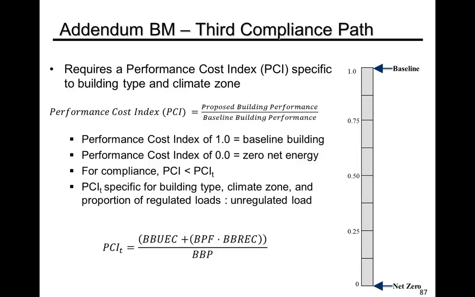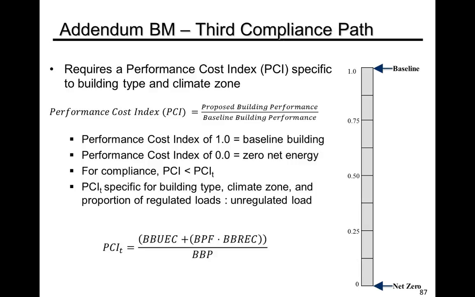So that means that a Performance Cost Index of 1 is equivalent to the baseline building performance, and a Performance Cost Index of 0 equals a zero net energy building. In order to show compliance, the Performance Cost Index has to be less than a Performance Cost Index target. And that target is developed specific for building type, climate zone, and the proportion of regulated to unregulated loads in your building. So here's the formula.